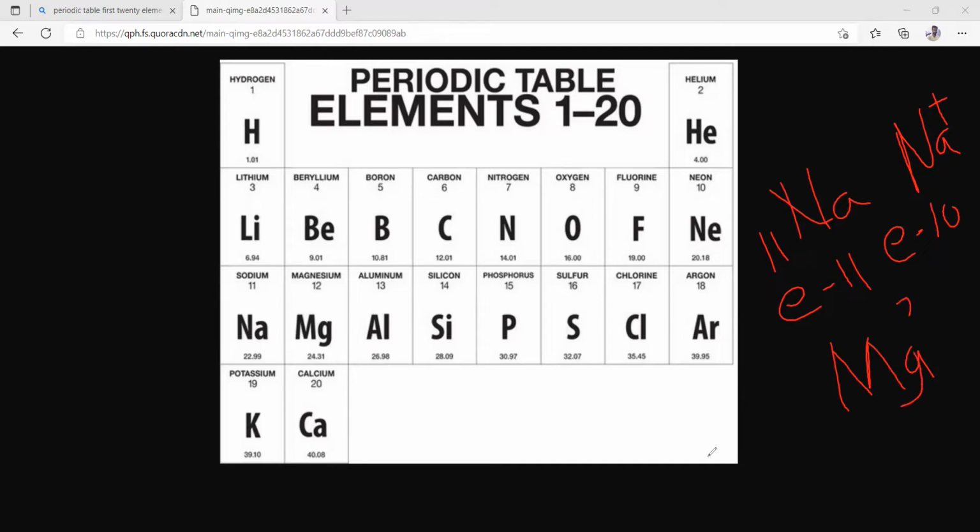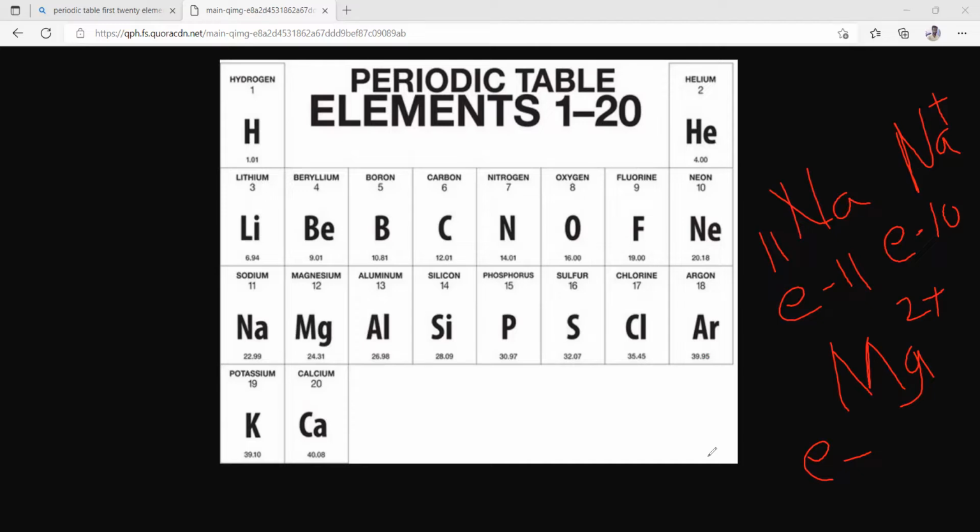Mg2+. Now you tell me, how many electrons are in magnesium, Mg2+? In magnesium, how many electrons are there? 12.